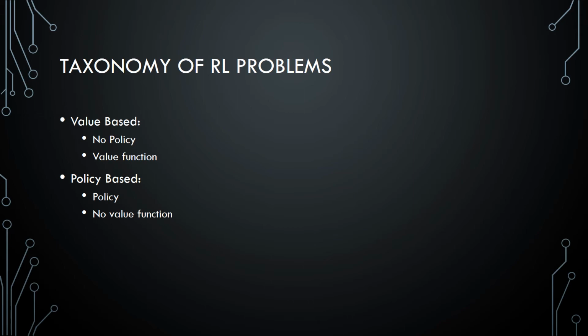The next is policy-based. Here we have a policy instead of a value function. So we have a policy without explicitly storing the values. The next is actor critic. Here we use both a policy function and a value function. It's kind of using the best of both worlds.